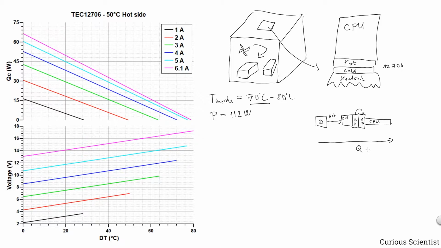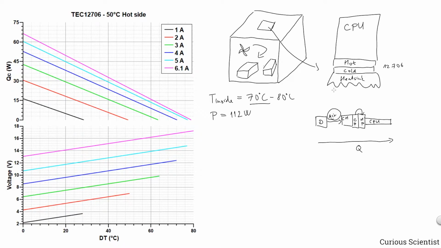What we have to do here is make sure, first of all, that there is a good contact between the devices and the cold side heatsink. We also have to make sure that the fan which provides the circulation inside the enclosure provides very good circulation.